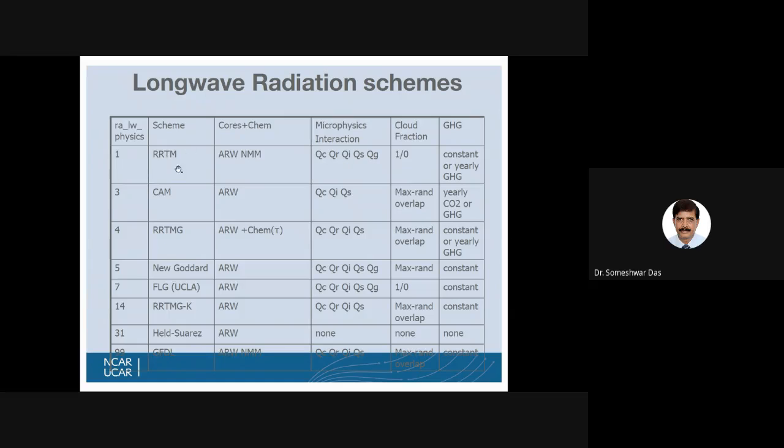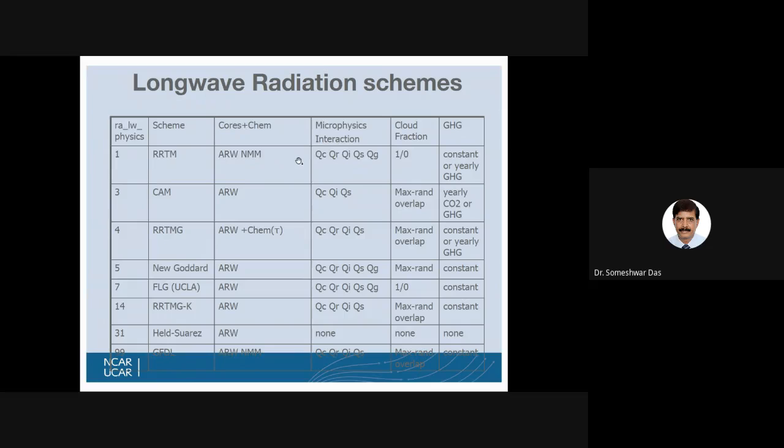Then if you choose this RRTM, you will also have the facility to interact with cloud microphysics species. Now your longwave radiation scheme will interact with cloud water QC, rain water QR, cloud ice QI, snow and graupel. So the RRTM scheme will interact with all these cloud species.